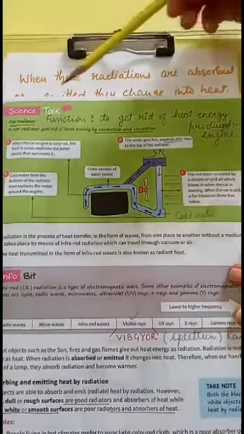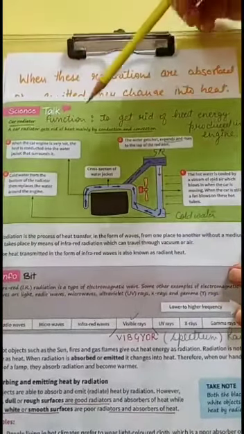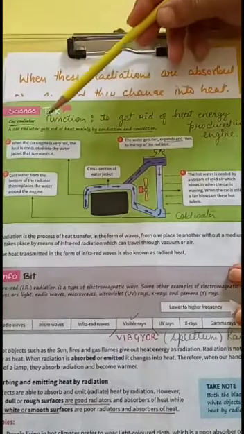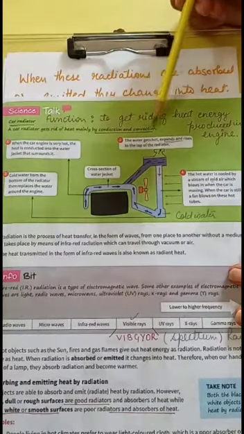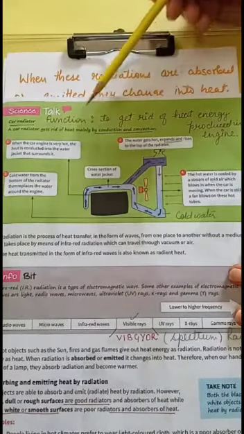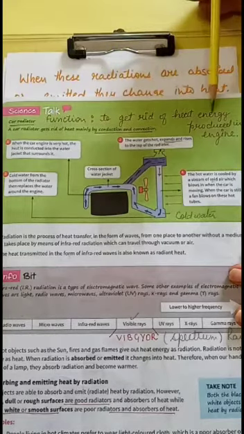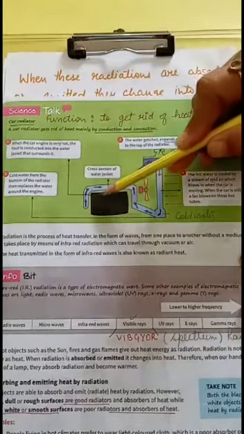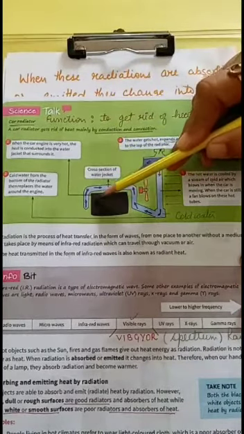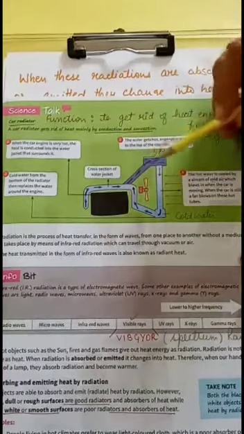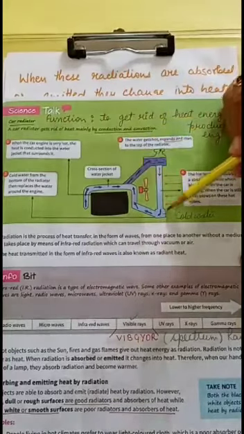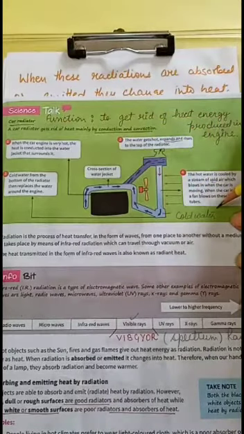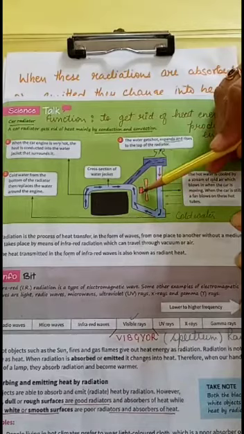Now here is a car radiator given in your book. How does it work? It works on conduction and convection. What is its function? It gets rid of heat energy produced in the engine. This black portion symbolizes the engine. What is in a radiator? It consists of a lower chamber where cold water is stored. A fan is fixed.